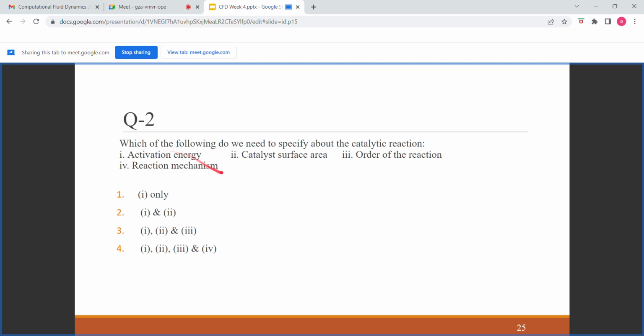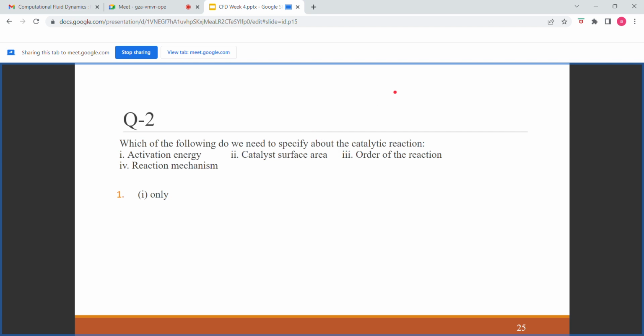When we are dealing with this problem, what are all the things we need to specify about the chemical reaction? Activation energy should be known, as that gives the kinetics of the reaction. The catalyst surface area is given in the problem, so that would also help in solving it. And we should know the order of the reaction to solve the problem.